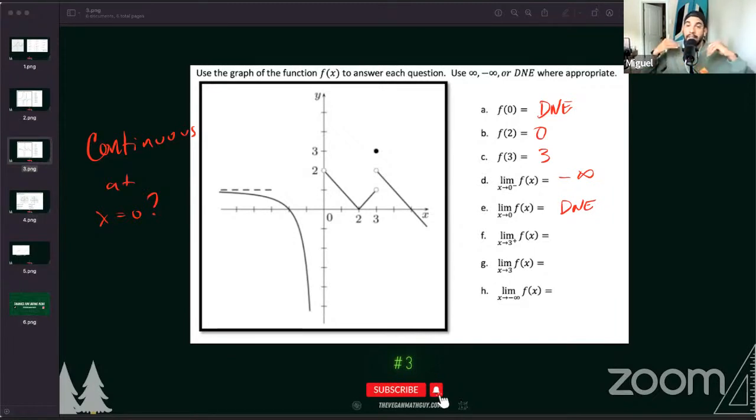Remember, we want it to be the same value all around. We want it to be defined at a specific value. We want the limit from the left and the right to be that specific value. And we want the limit naturally to be that specific value as well. But in this case, they have all these different points that it's approaching. So we're going to say that that is not going to be continuous.